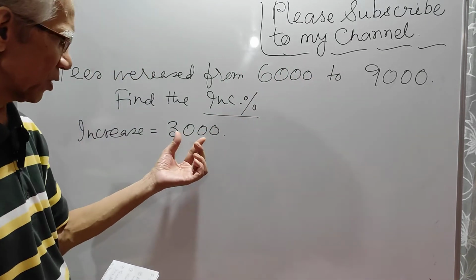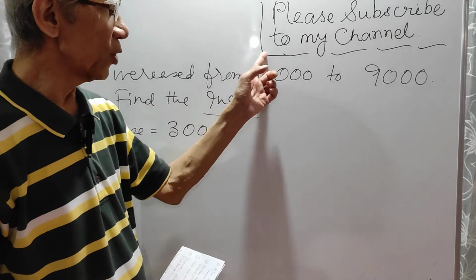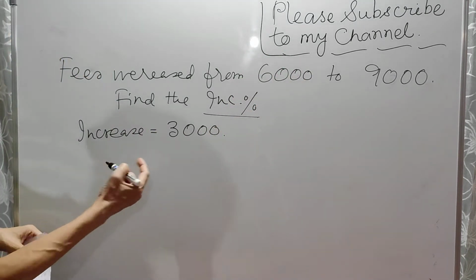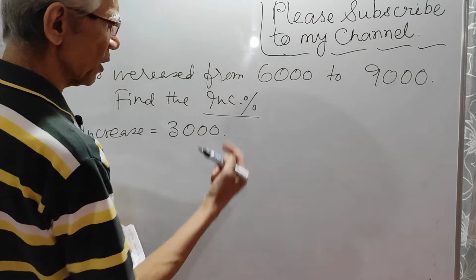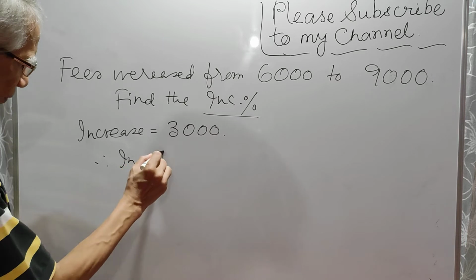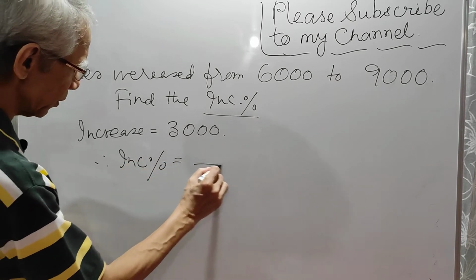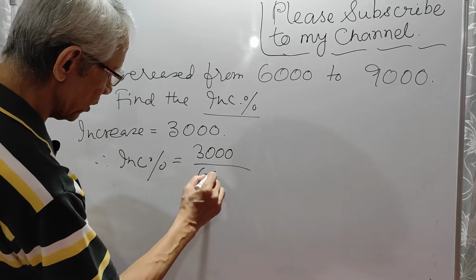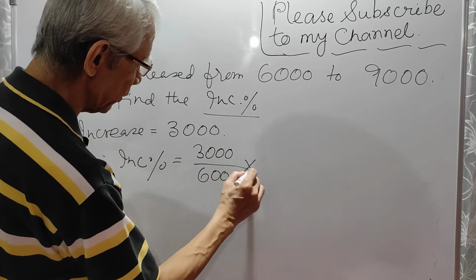Always express the result as a percentage of the original number. Original number is 6,000. So increase percent equals 3,000 numerator, 6,000 denominator, into 100%.